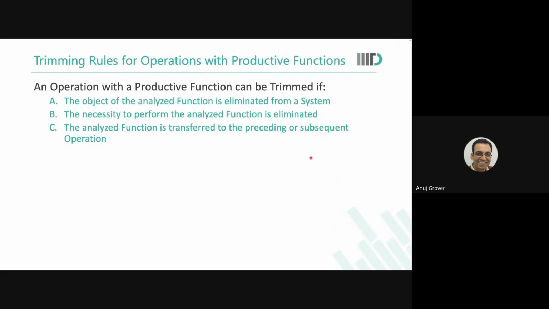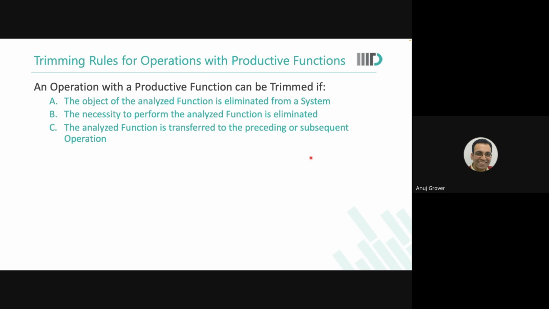So, how do we do the trimming? An operation with a productive function can be trimmed if the object of the analyzed function is eliminated from the system. The necessity to perform the analyzed function is eliminated. So you wanted a particular shape, but if that shape is no longer required, do you need to do that heating now?